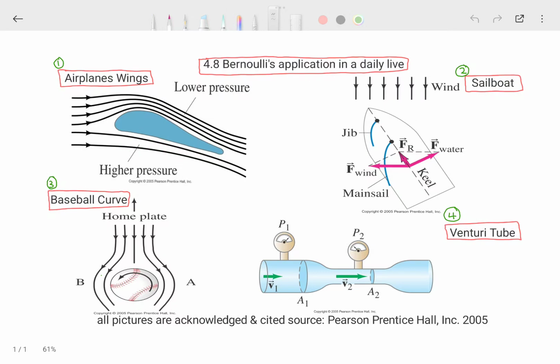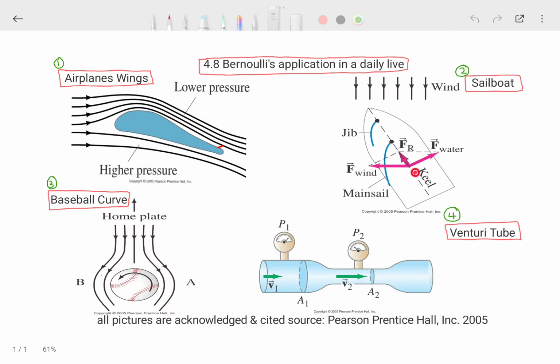The second application is the sailboat. A sailboat can move against the wind using the pressure difference on each side of the sail, and using the keel to keep from going sideways.